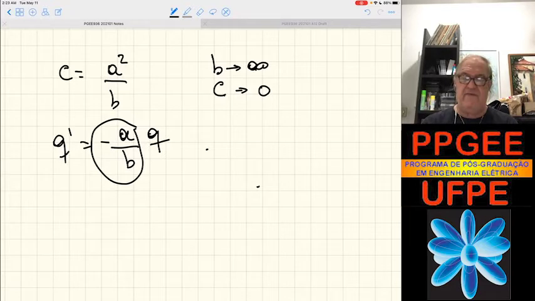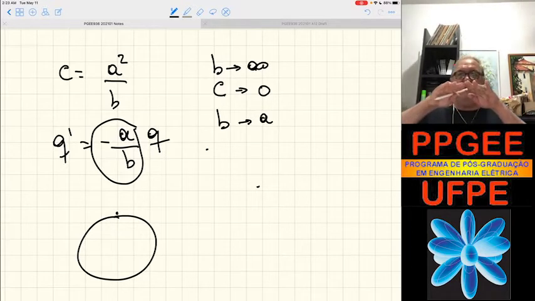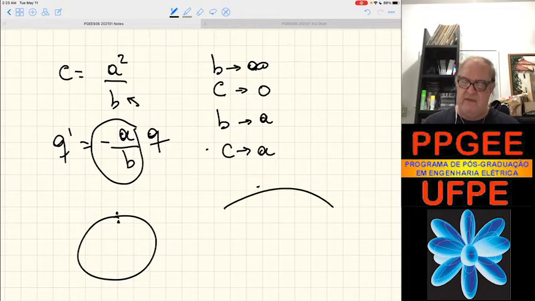In addition, if B goes very close to the sphere, we're going to have almost a planar surface now. So C goes to A as well, right?